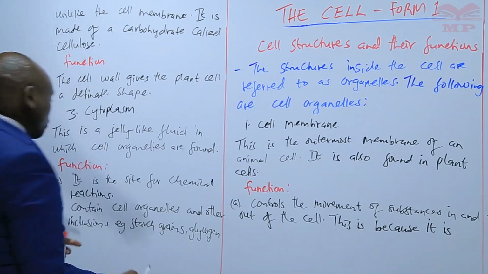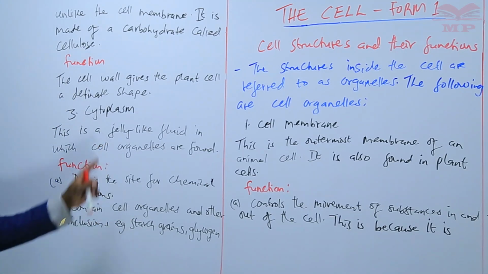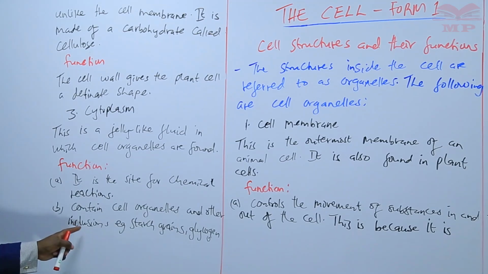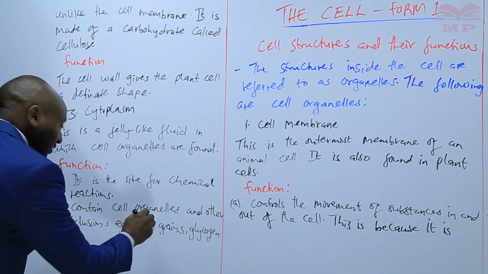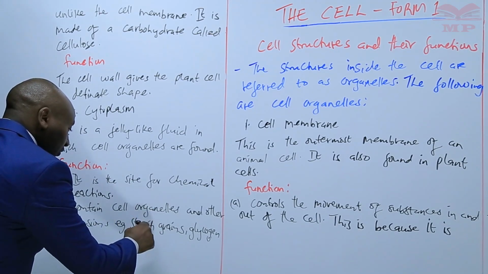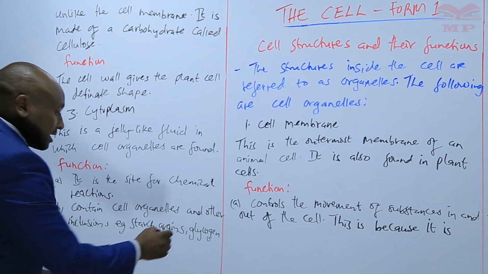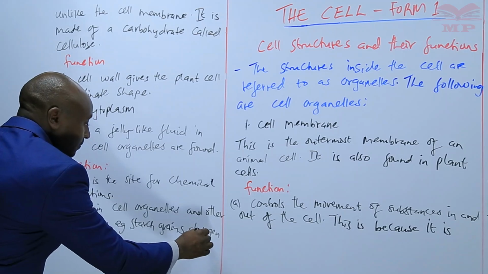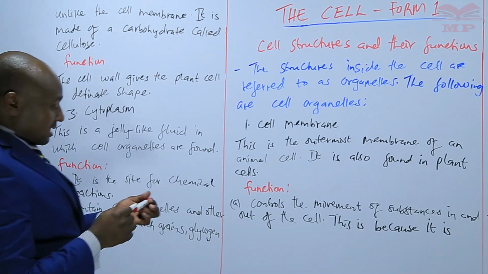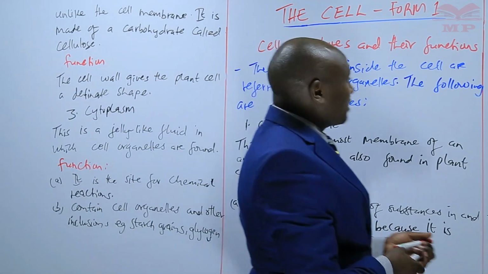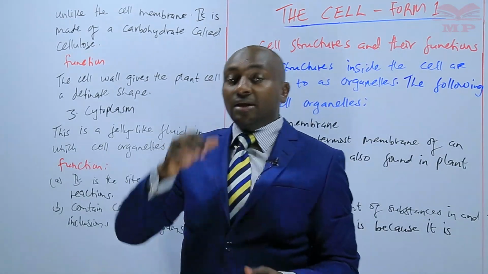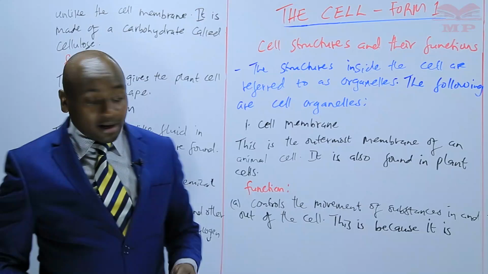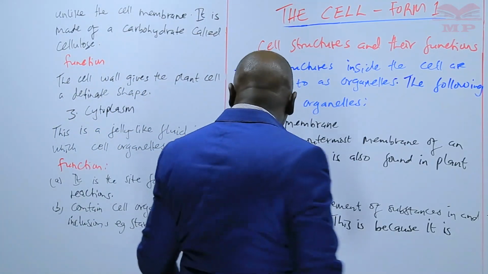And it also contains the cell organelles, as mentioned earlier, and other inclusions. Other inclusions include starch grains for the plant cells, and glycogen for animal cells. So basically, those are some of the structures found within the cell. We'll look at more structures in the next lesson.